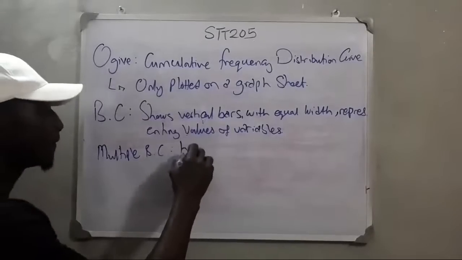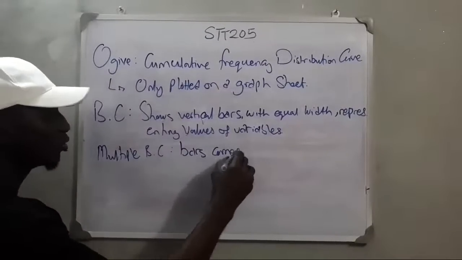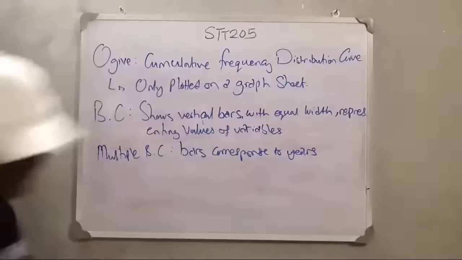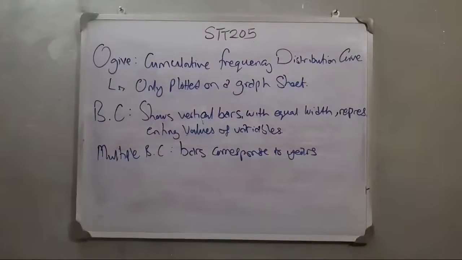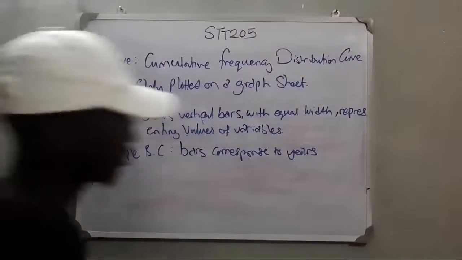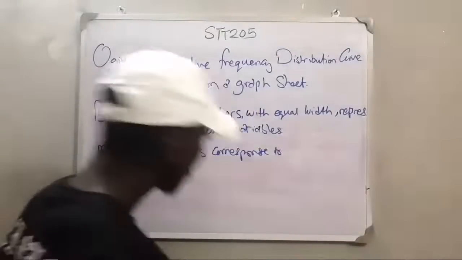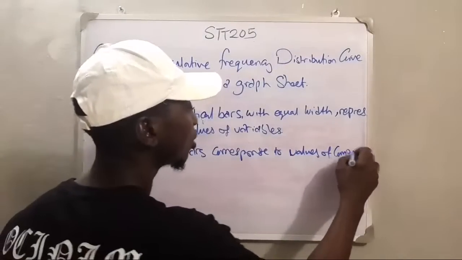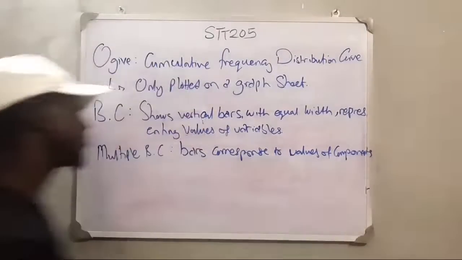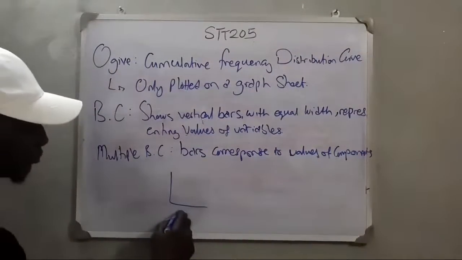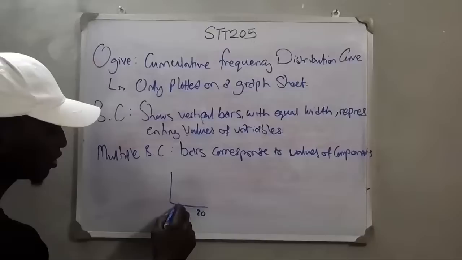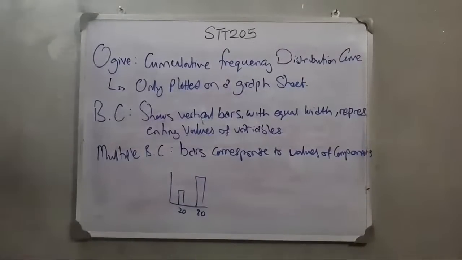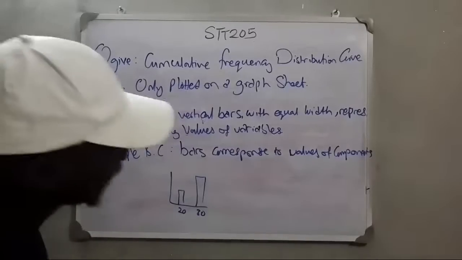The bars correspond to years, or rather values of components. For example, if we have 20 years, 30 years, then this should represent the different values of components.